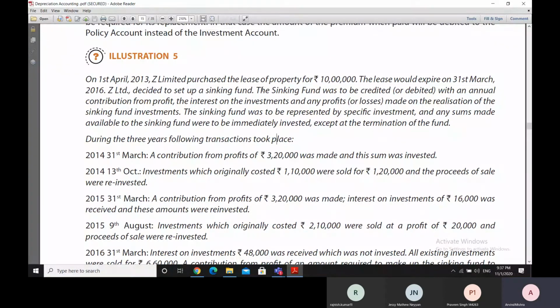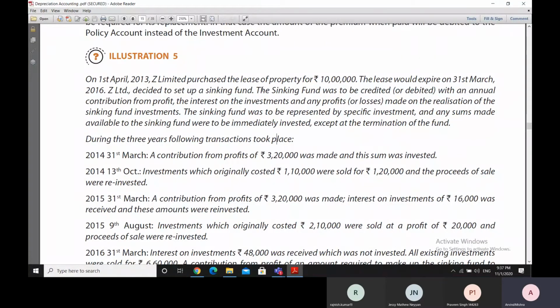Now Z Limited decided that it will set up a sinking fund. The sinking fund was to be credited with annual contribution from the profit. The interest on the investments and any profits which are made on the realization of the sinking fund investments will also go to replenishment of the sinking fund.